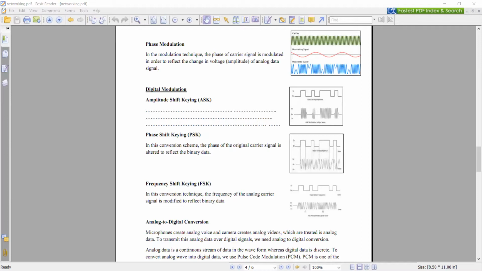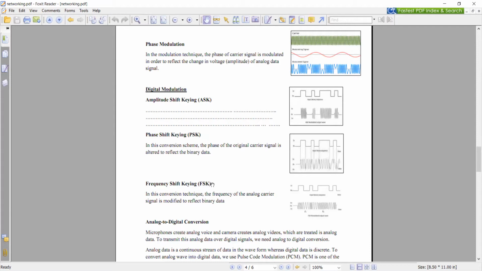Then we'll see phase shift key. So in this conversion scheme, the phase of the original carrier signal is altered to reflect the binary data. එහෙනම් එතනදී මොකද කරන්නේ? Phase එක change කරලා තමයි signal එක හදාගන්නේ, analog signal එක according to the digital signal. Then you have frequency shift key.